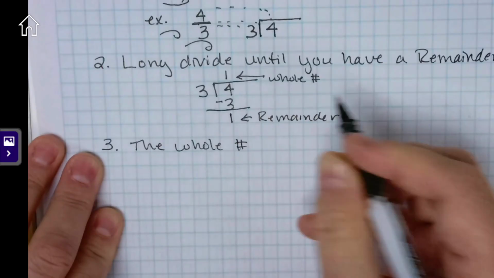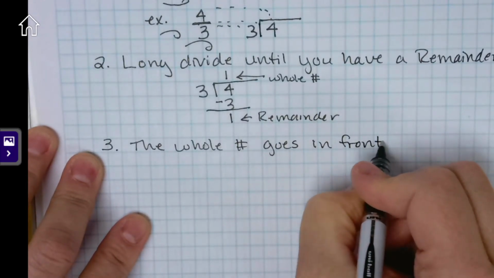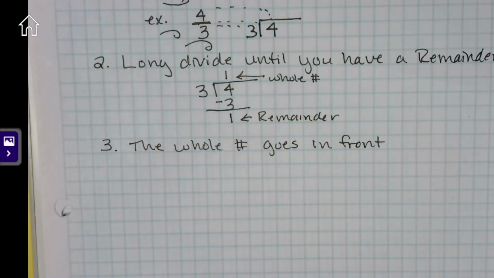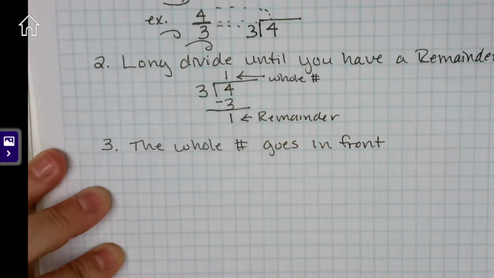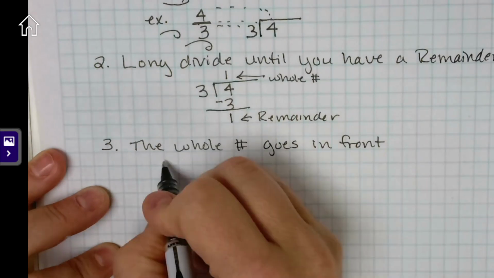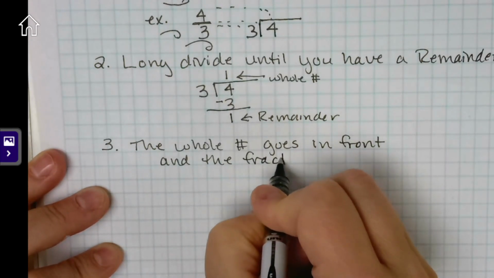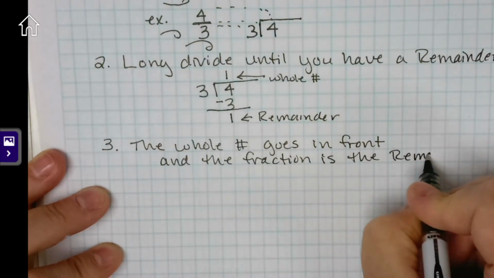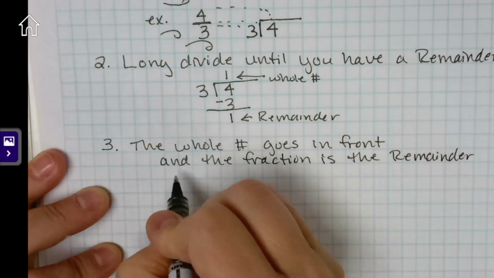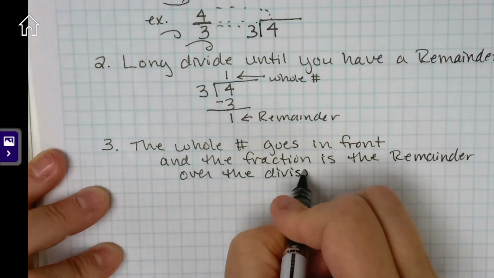The whole number goes in front. And the fraction is the remainder over the divisor.